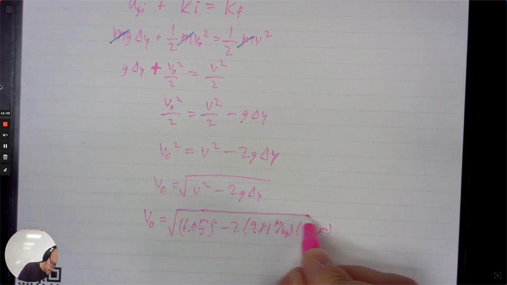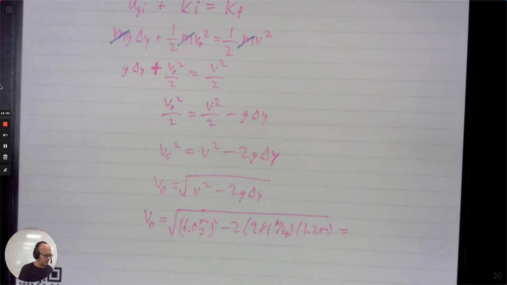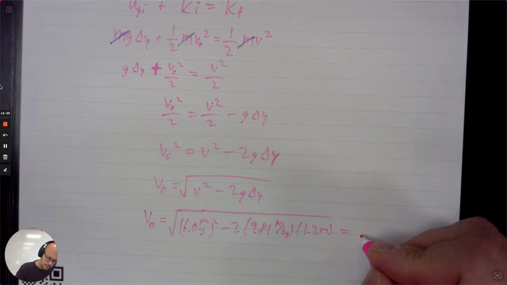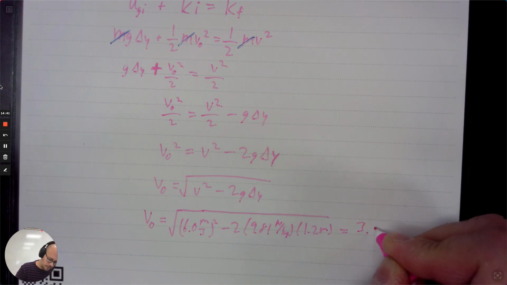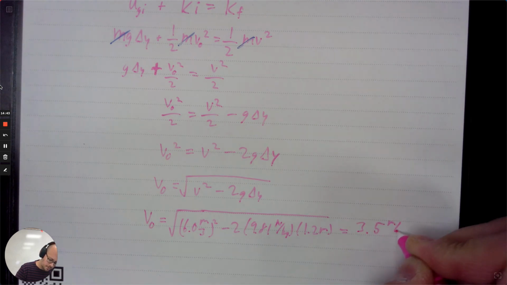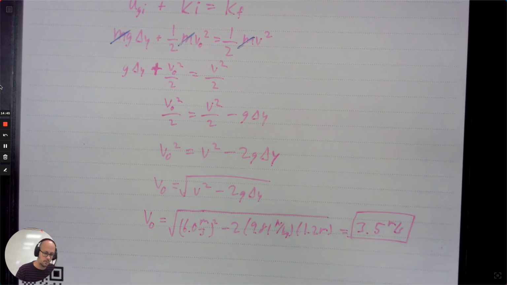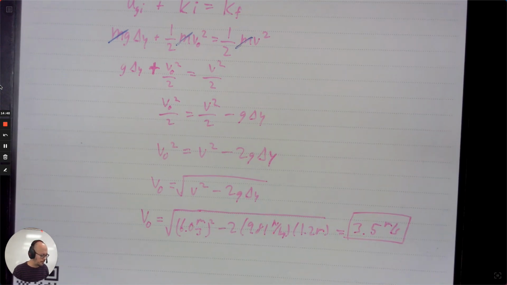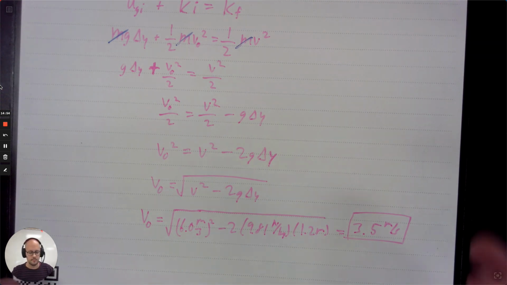Okay, so that all is going to go in my calculator: square root of 6 squared minus 2 times 9.81 times 1.2. And I get an initial speed of 3.5 meters per second.